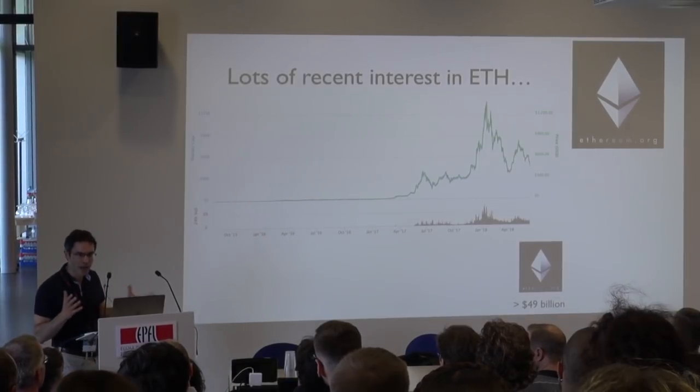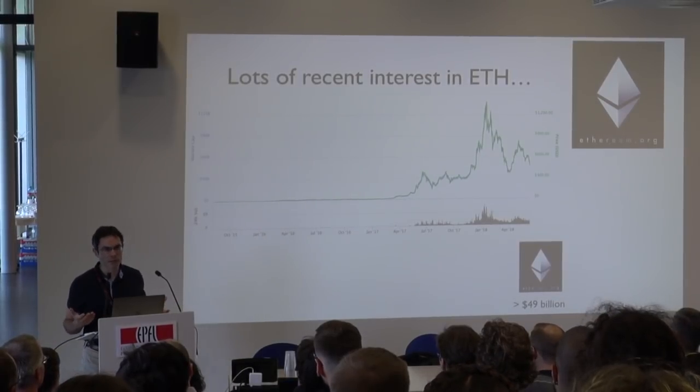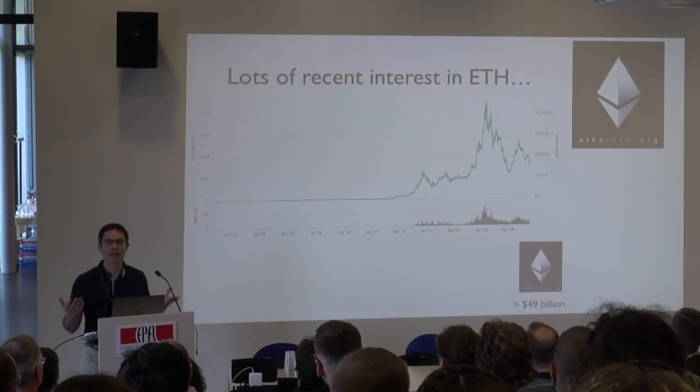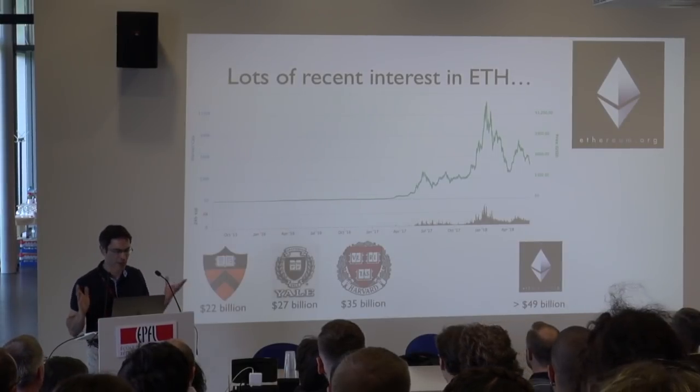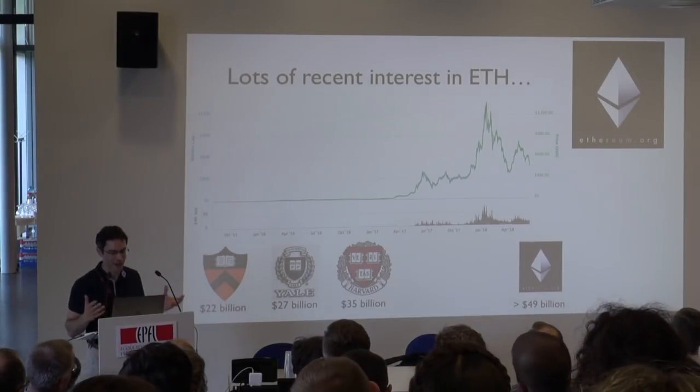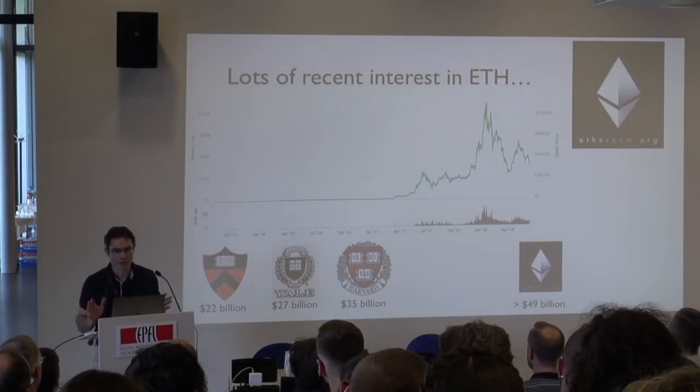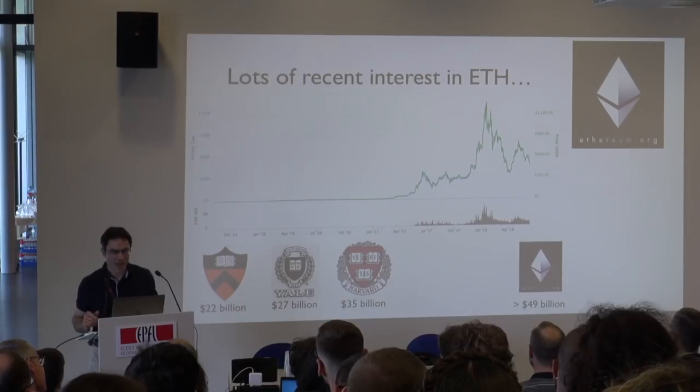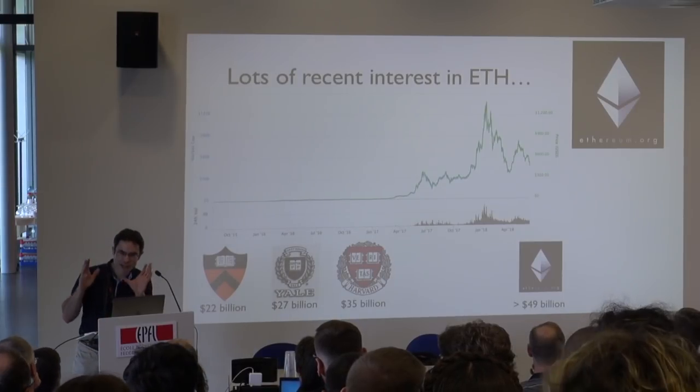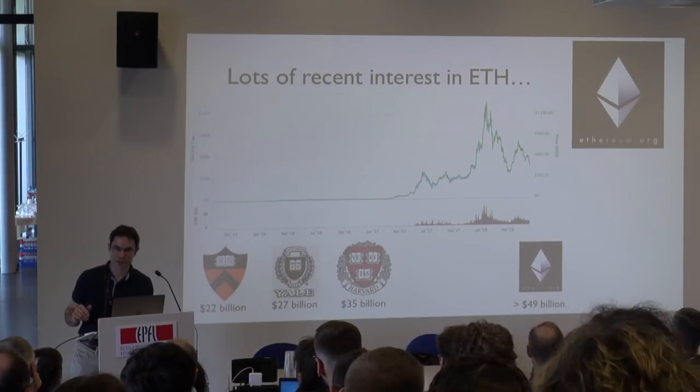Since most of you are academics, I thought a natural point of comparison would be with, say, the endowments of the wealthiest universities in the world. And here they are, Princeton, Yale, and Harvard. Even Harvard, the wealthiest university in the world, has an endowment that is significantly smaller than the market capitalization of Ethereum.